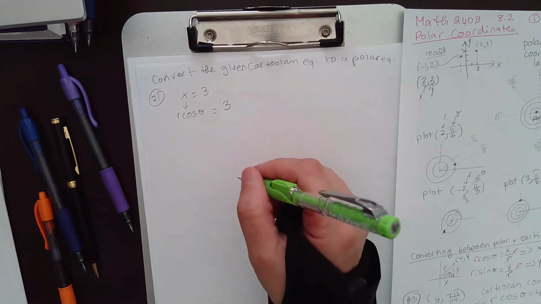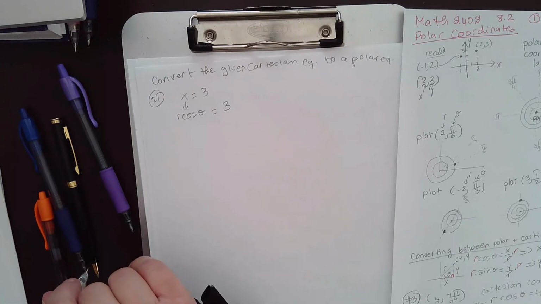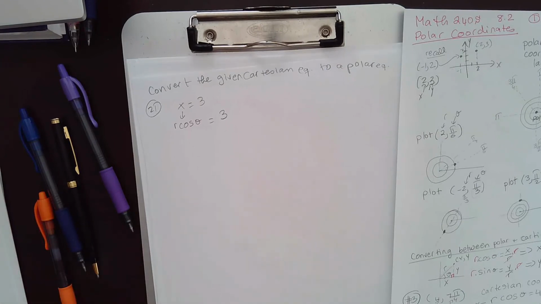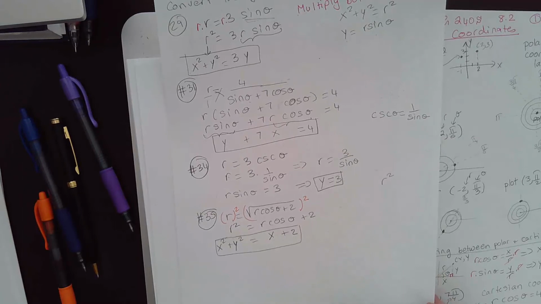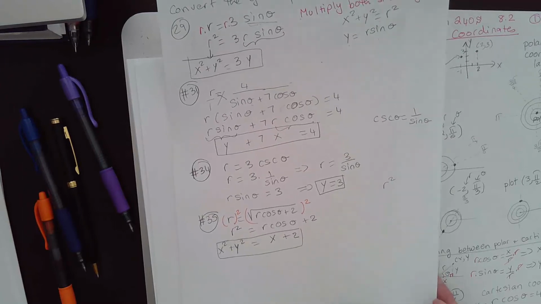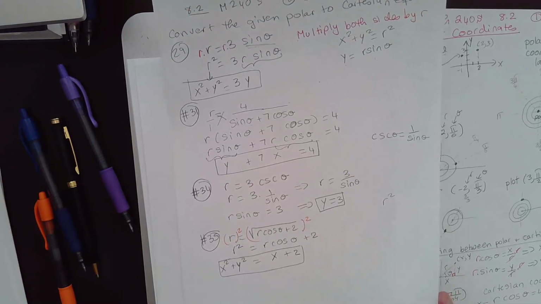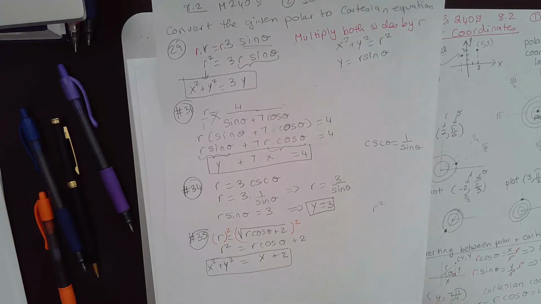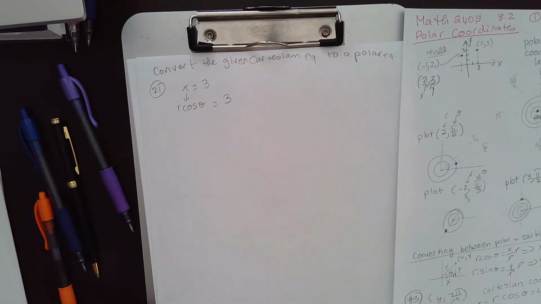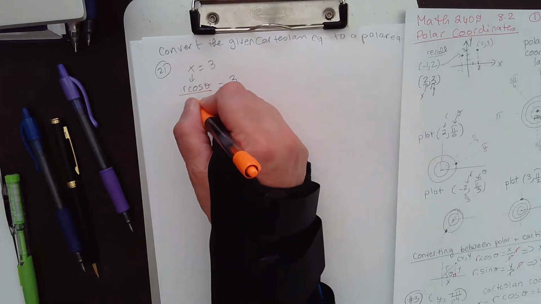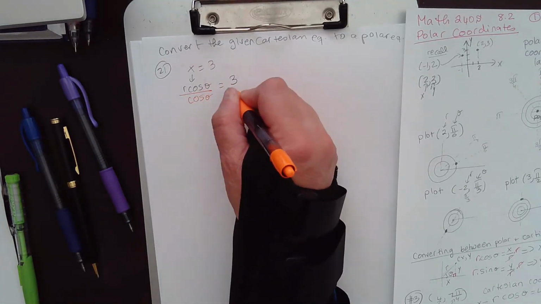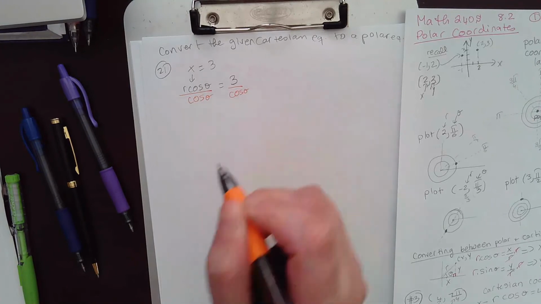However, if you've seen the examples that we just did, converting from polar to Cartesian, you notice in all of them they're giving us an equation in r. So it's a common way of doing this. No problem, we can do an equation in r. We can divide both sides by cosine theta, right?